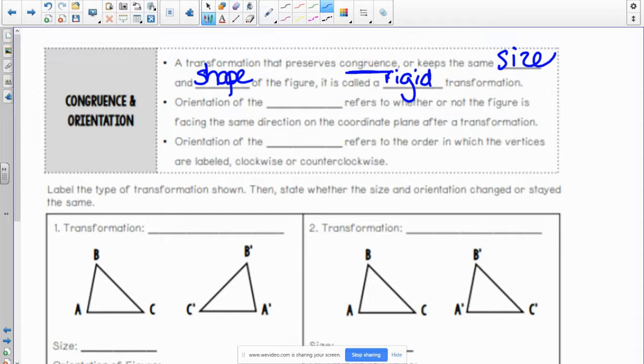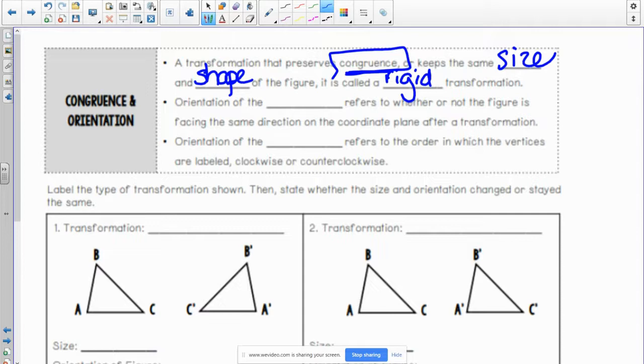So the key here that I'll talk a lot about is the idea of congruency. When a shape is congruent, it doesn't matter if I've turned it, or reflected it, or rotated it, or translated it, or any of those words that I'll use to talk about transformations. If it keeps the same size and the same shape, no matter how it's been moved, we know that as being congruent.